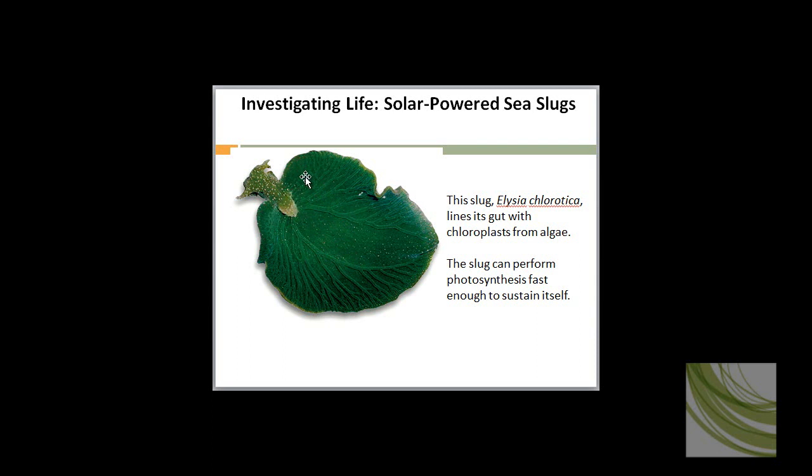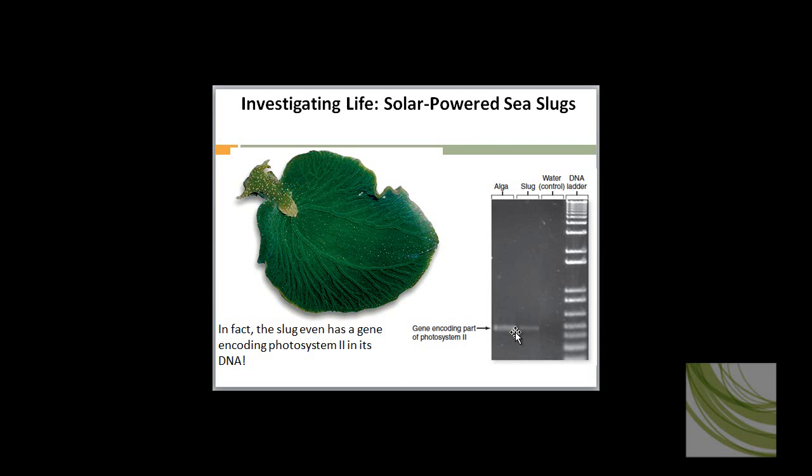But as it eats the algae, all of its gut areas are inundated with little chloroplasts from the algae. It doesn't digest them. And those chloroplasts conduct photosynthesis, making even more food for this big sea slug. Okay? And so this guy can make his own food, or he can eat his own food, and he actually does both.